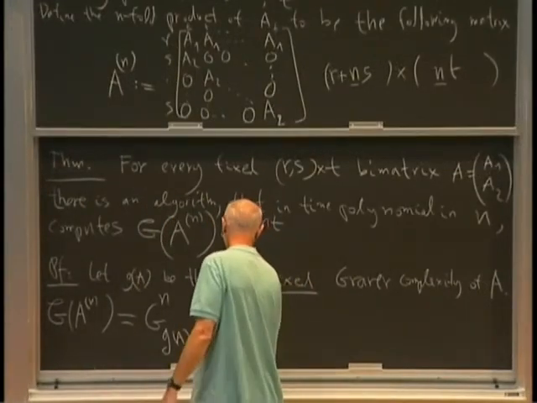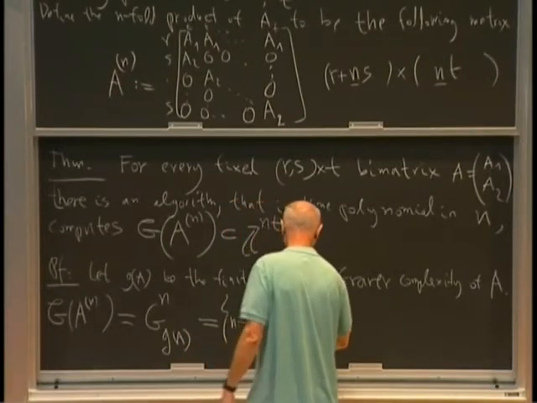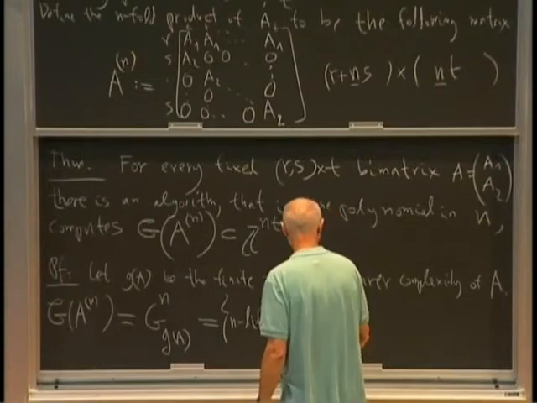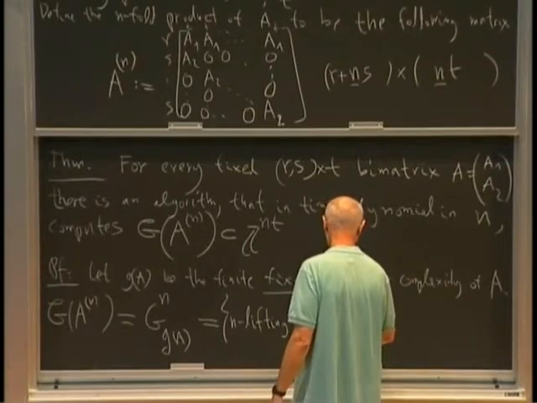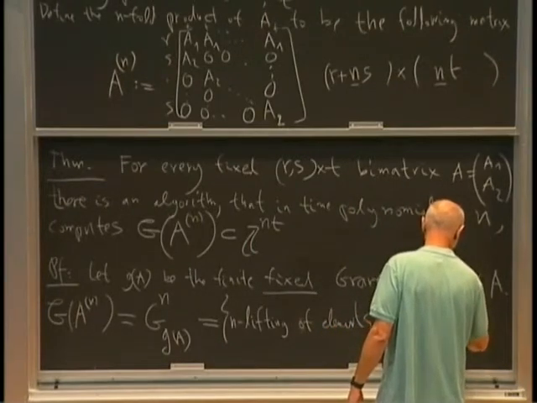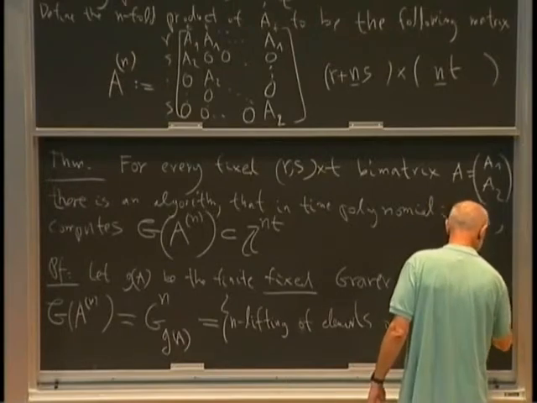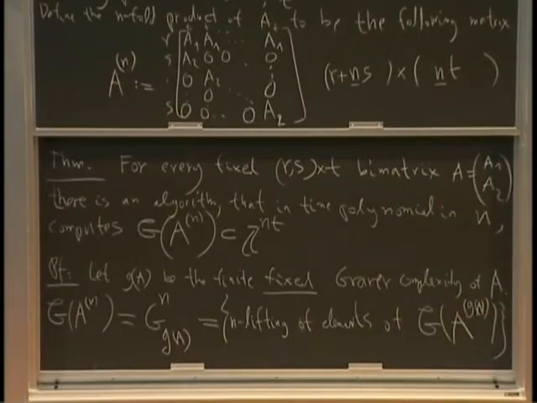And then by this lemma, and by this lemma, this is the set of all n liftings of elements of the Gradual Basis of the g of A fold product of A. Yeah?